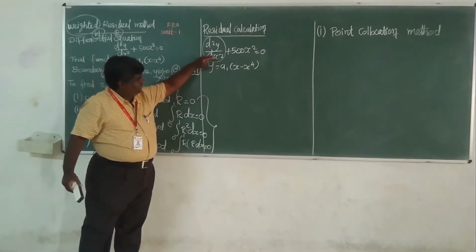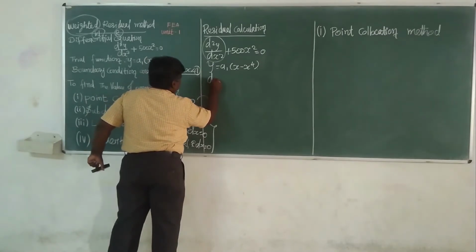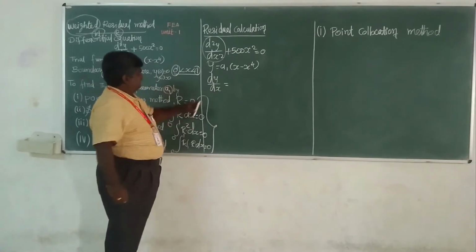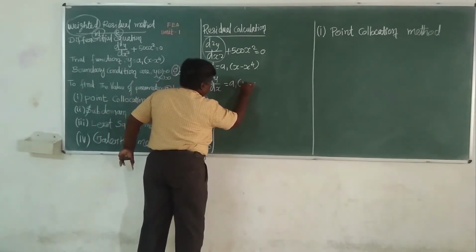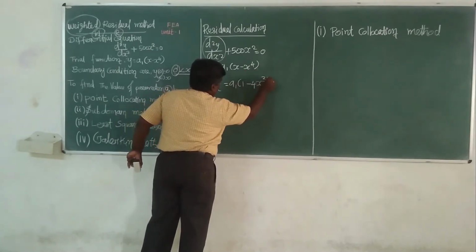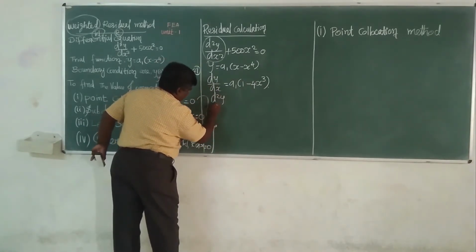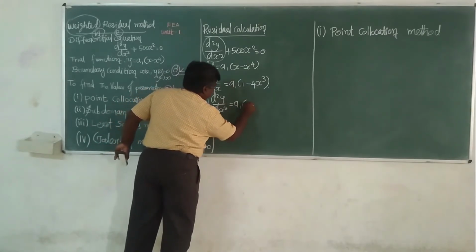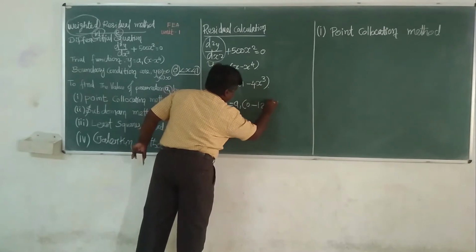We have to differentiate two times. dy/dx = a1(1 - 4x³), and the second differential d²y/dx² = a1(0 - 12x²) = -12 a1 x².